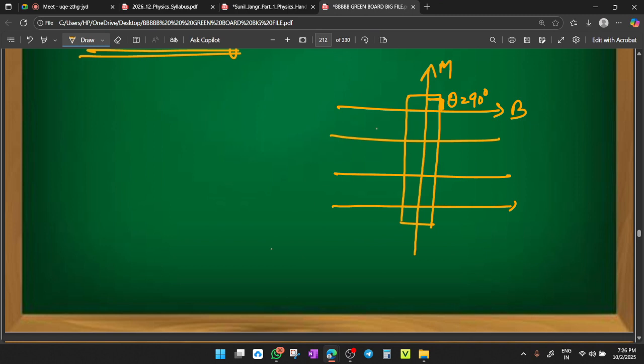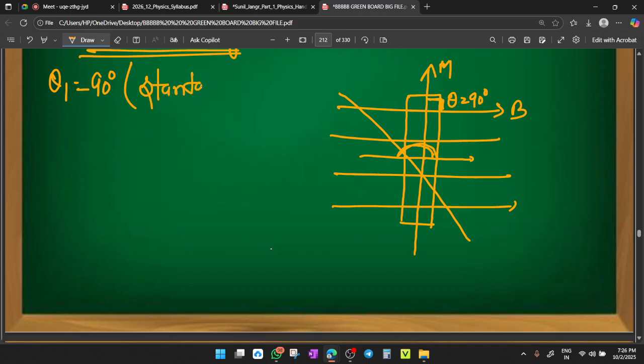And when you rotate from this position to any other position, like this angle theta, the second angle, your initial angle was 90 degrees, theta 1 is equal to 90 degrees. That is a standard situation, right? To theta 2 is equal to theta.